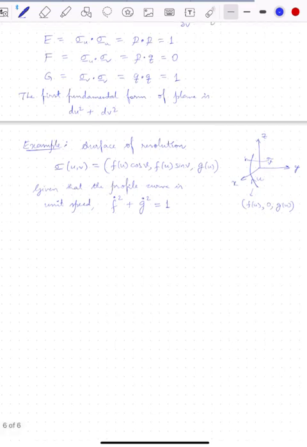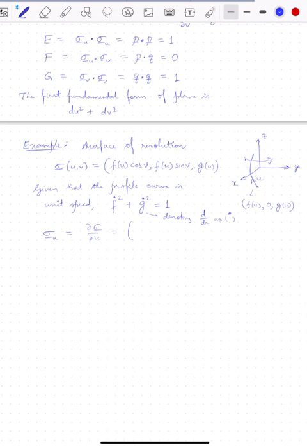And now we can construct the necessary requirements to determine the first fundamental form. So sigma u is given as partial sigma partial u, and of course, what we are doing here is we are denoting d by du as dot, right?